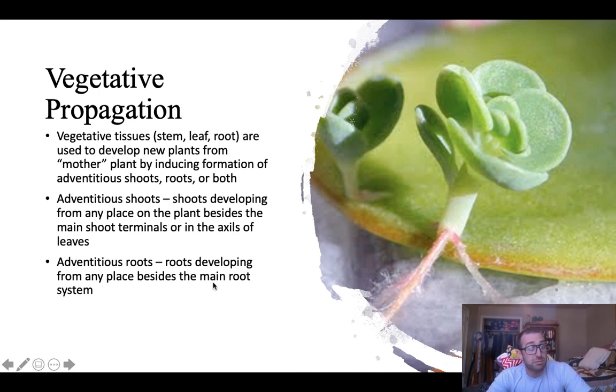Adventitious roots are roots that develop from any place besides the main root system. Again, if we have a leaf and roots start developing from that leaf, or roots develop from a cut stem, those would be adventitious roots. So, like I said, extremely important. The basis of all vegetative propagation is the ability of many plants to form either adventitious shoots or roots.